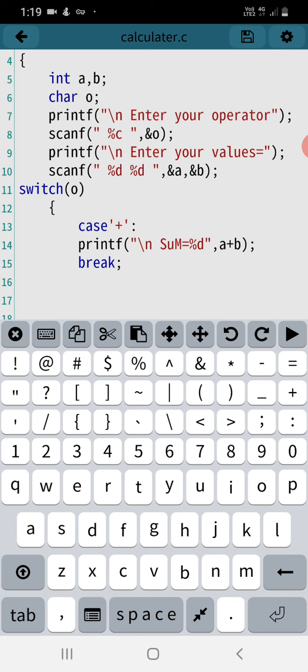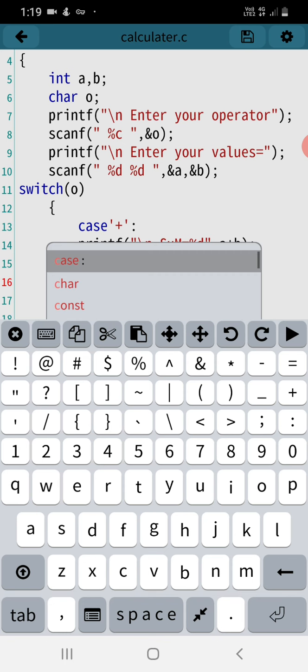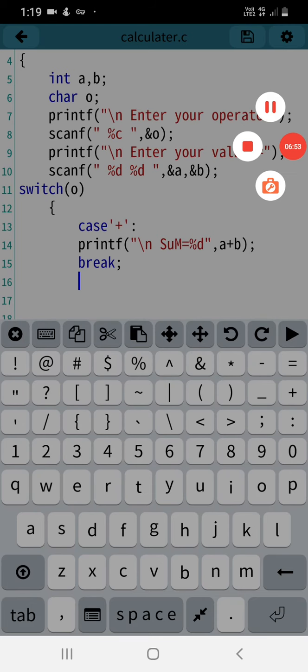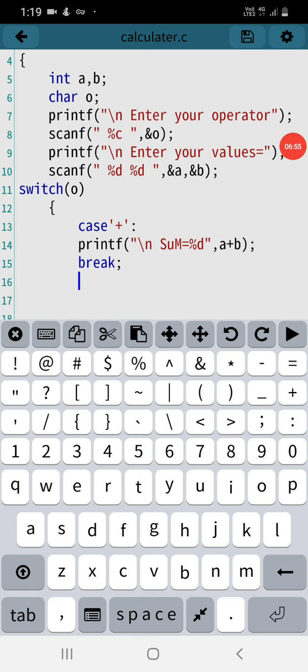Next, another case. Case 2 is minus. If our operator is minus, then this case will be implemented.